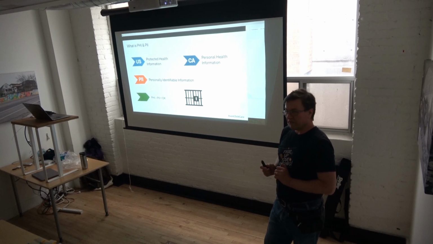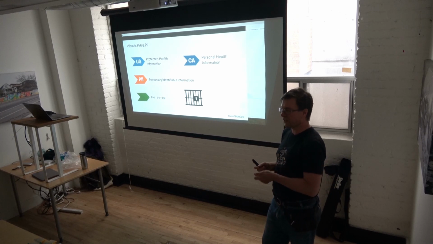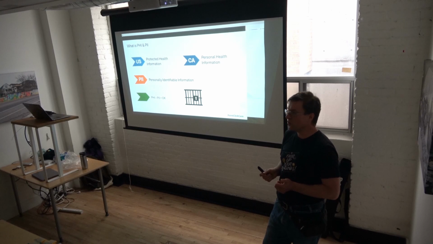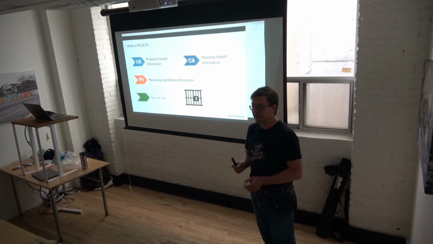The term PHI, protected health information or personal health information in Canada, includes all your interaction with the healthcare system, all your payments, all your health records, all your diagnoses, all your histories, all your identifiable information. It's an important part.